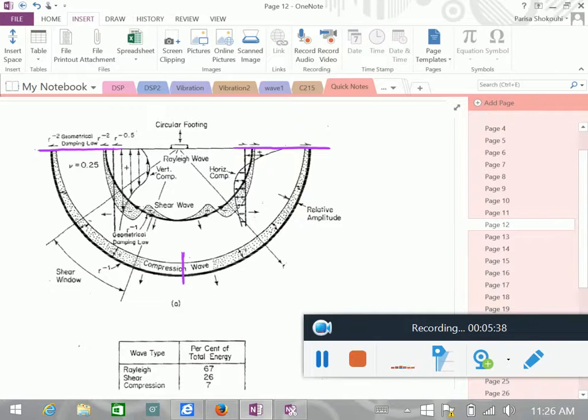If you look here, there is the geometrical damping law. So for shear and P wave, inside the bulk of the material, the amplitude changes proportional to 1 over distance. That's what it means, r to the minus 1.